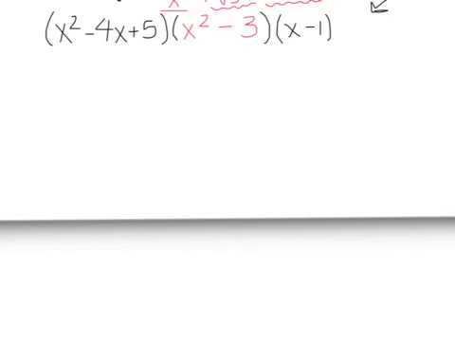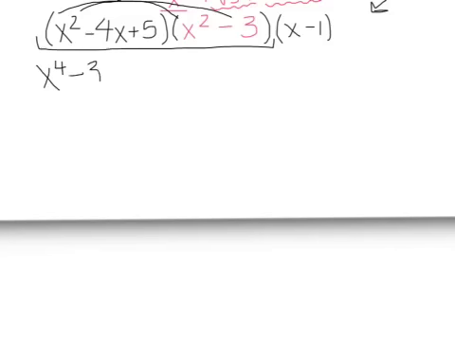Now we need to continue our distributing. It doesn't really matter, I'll just do these first two because they're both there. We'll leave the x minus 1 for the end since that's the simplest one. Okay, so we're going to take an x squared times x squared, and that'll give us an x to the fourth. X squared times negative 3 is negative 3x squared.